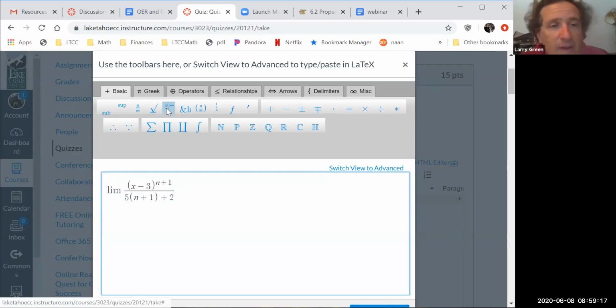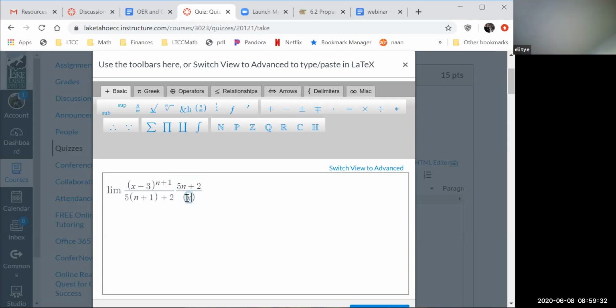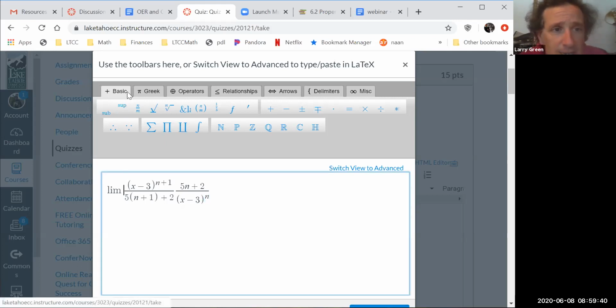Remember, dividing by the term with an n in it is the same as multiplying by the reciprocal. So I'm going to write that as 5n plus 2 over x minus 3 to the nth power. And what I really need are some absolute values.